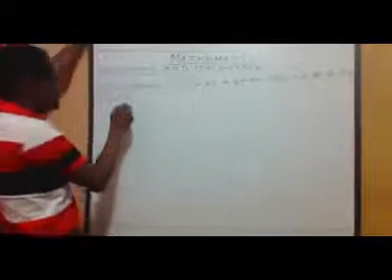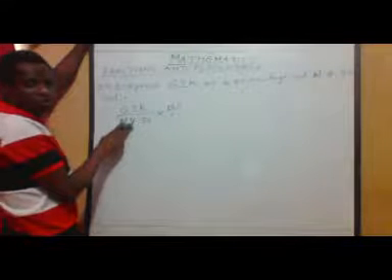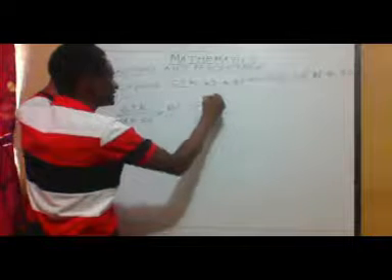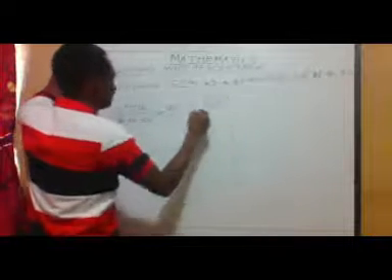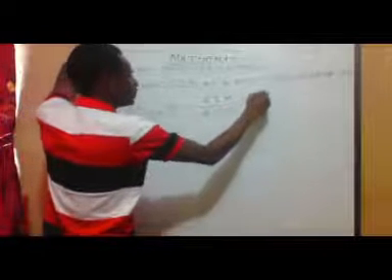So I'm having 63 kobo as a percentage divided by 4 naira 50 kobo times 100 over 1. Don't forget, you have to convert this one to kobo before you can solve it so that they will be in the same unit. So it now becomes 63 kobo divided by 450 kobo times 100 over 1.